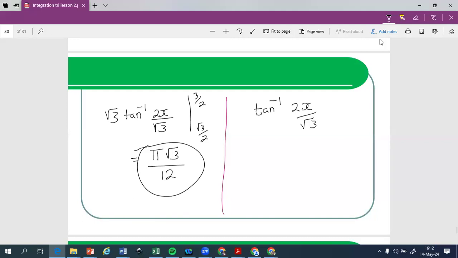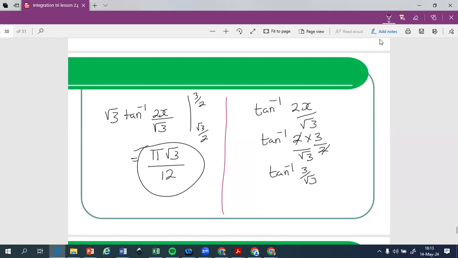When you substitute in 3 over 2 for x, you'll have tan inverse of 2 times x. Now, in our x, you have used the 3 over 2, then over root of 3. So these 2 and these 2 cancel, and you remain with the tan inverse of 3 over root of 3.